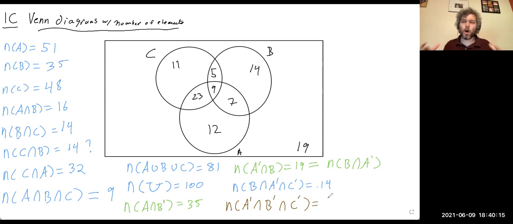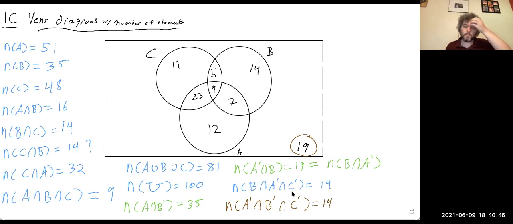What is the thing that all of the complements have in common? Is it 19? It's 19. Very good. Because it is all intersections of complements, it's the thing that all complements share in common. This is the outside. So this is 19.